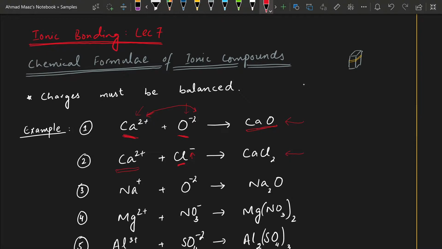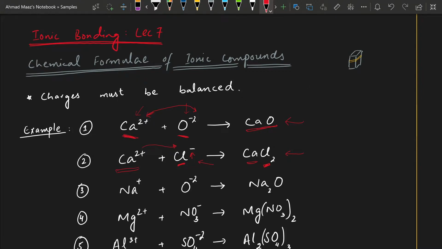Two electrons are being donated, so there must be two chloride ions to accept those two electrons, because one chloride ion can accept only one electron. So if there are two chloride ions, then the two electrons donated by calcium can be accepted.